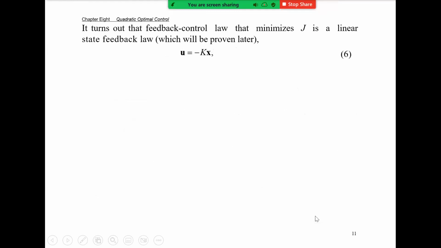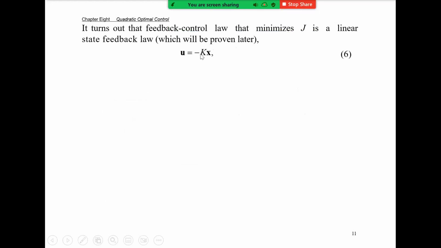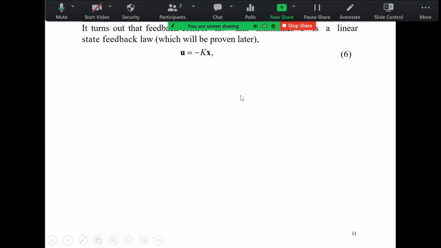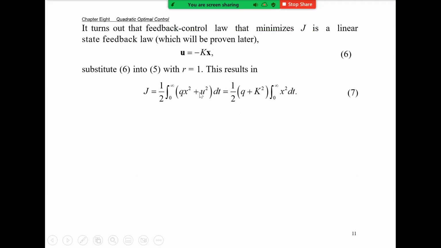Why the controller has to be in this form, we're going to show later, but for the time being, we just assume we're going to use a linear feedback control. And we want to minimize, so now we set R equals 1.